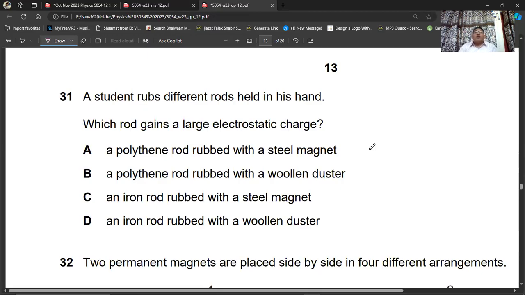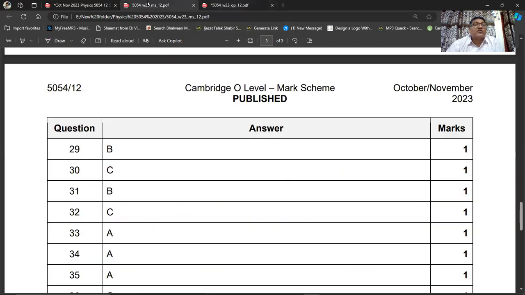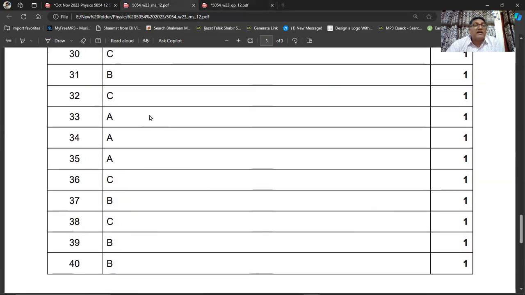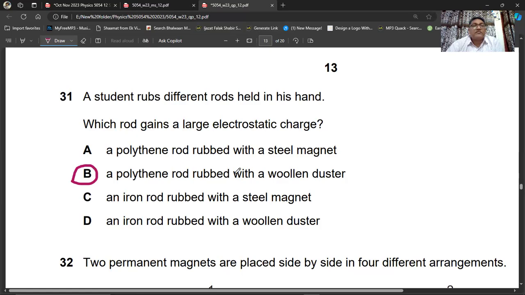A polythene rod rubbed with a steel magnet, no. A polythene rod rubbed with a woolen tester, that is the best answer because both of them are insulators. An iron rod rubbed with a steel magnet, no. An iron rod rubbed with a woolen tester, no. You are supposed to rub two insulators with each other. So B is the choice. Question number 31, B is the right choice, sir.